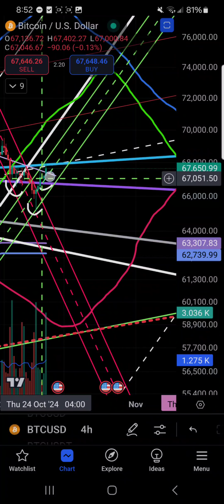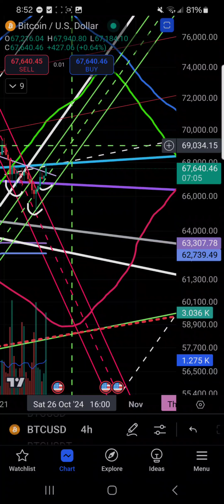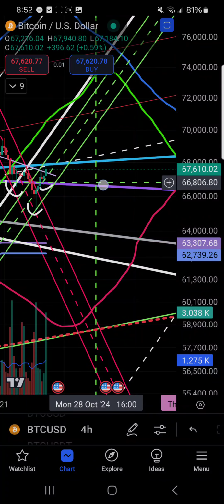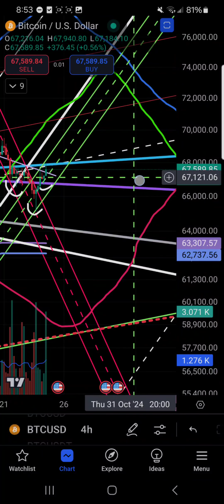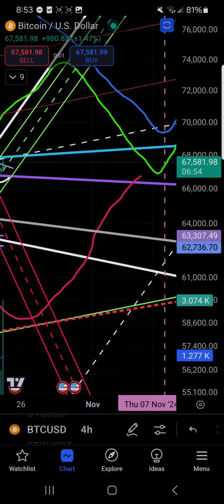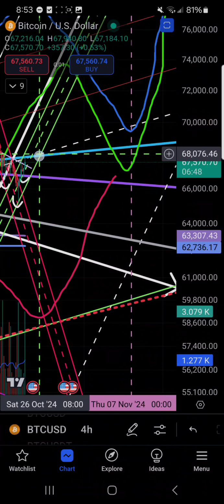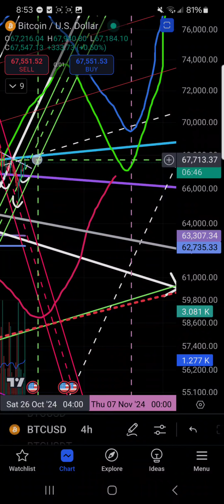So in that case, maybe we would only come back up to 69 here, and maybe just oscillate along this thing right here. I don't know. I just don't know. So we'll see. We're waiting on basically that daily candle, the start of a new daily candle above.